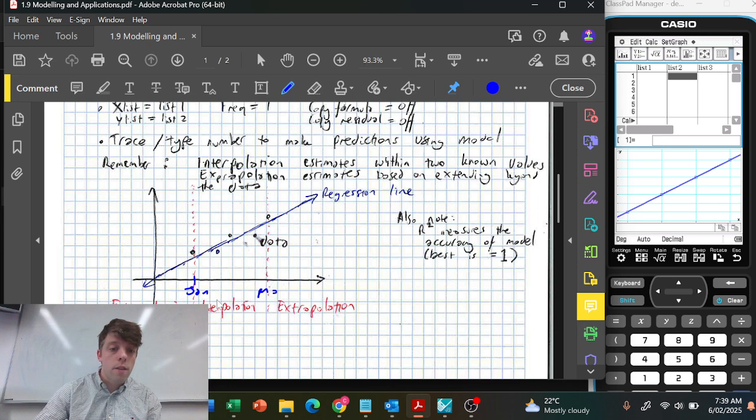I've just chosen those kind of arbitrarily. So we've collected data from January to March. If I want to make a prediction about the future, say, what's the weather going to be like in October, I don't have data that goes all the way up to October. So what I'm doing is I'm extrapolating on what we know, and making a prediction about the future.